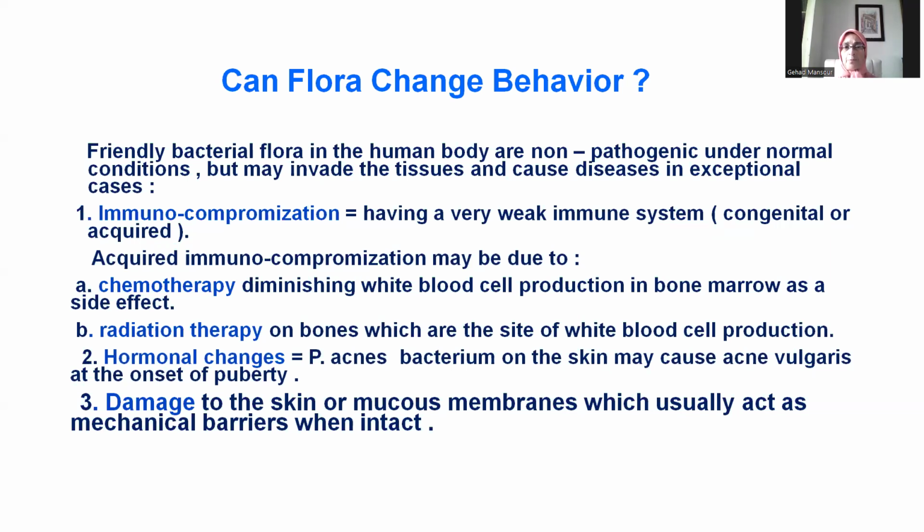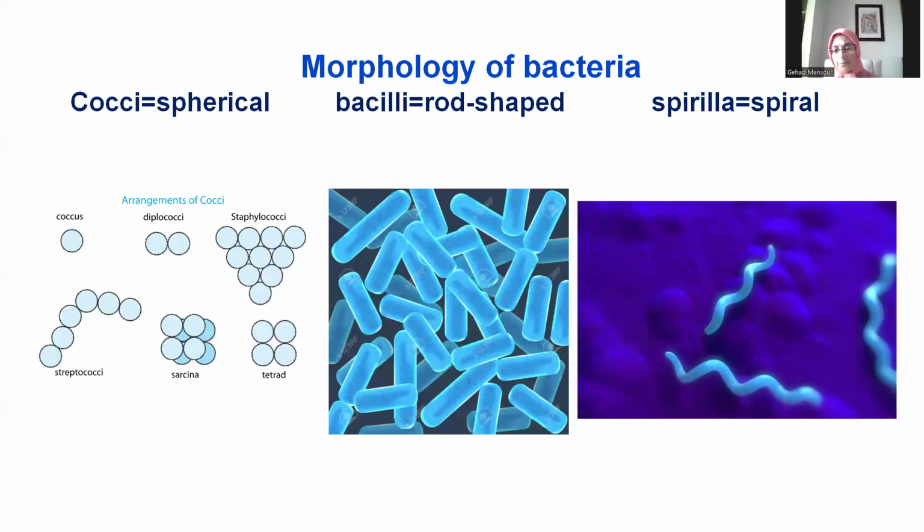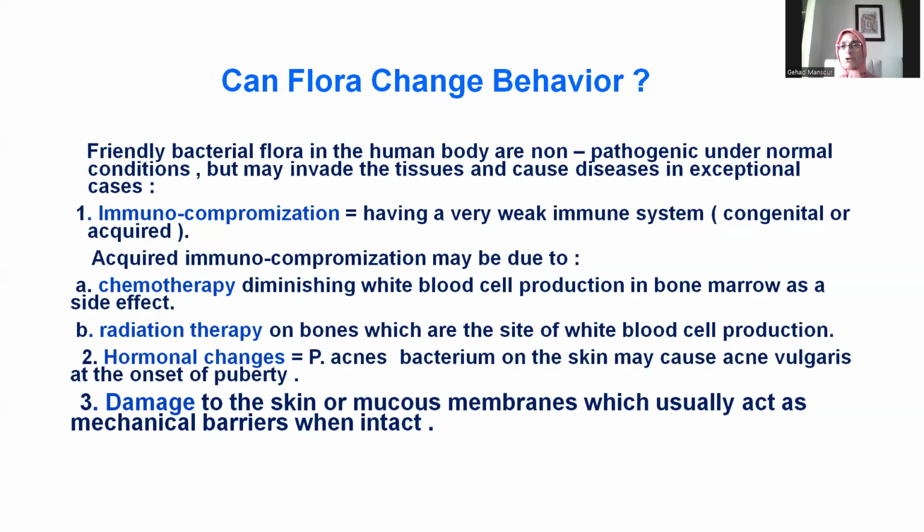Acquired immunocompromisation can be due to chemotherapy or to radiation therapy, and both are used in cancer. Chemotherapy causes immunocompromisation because it kills the white blood cells that are produced in the bone marrow.